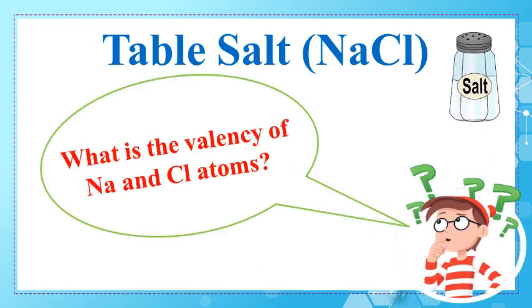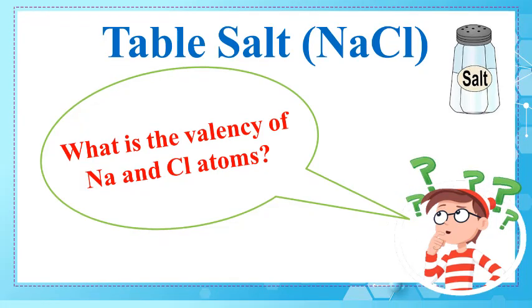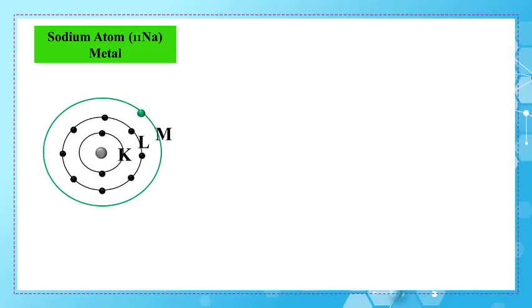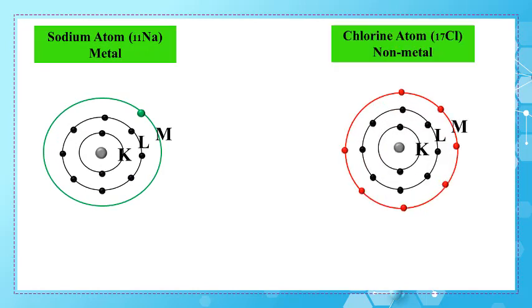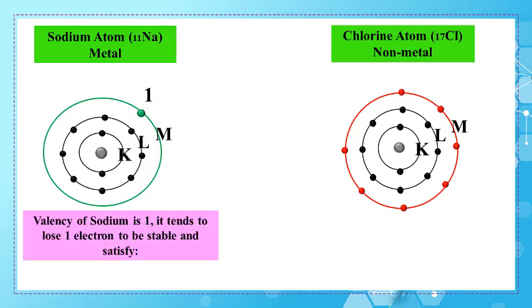First, what is the valency of Na and Cl atoms? Consider the sodium atom Na, which is a metal, and the chlorine atom Cl, which is a nonmetal. Sodium has one valence electron, so the valency of sodium is 1. It tends to lose one electron to be stable and satisfy octet rule.